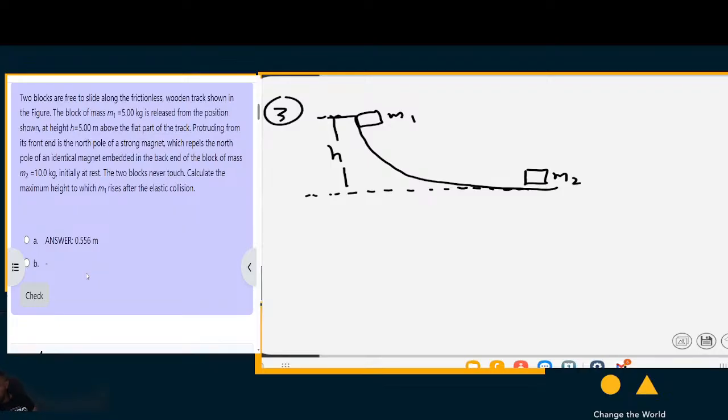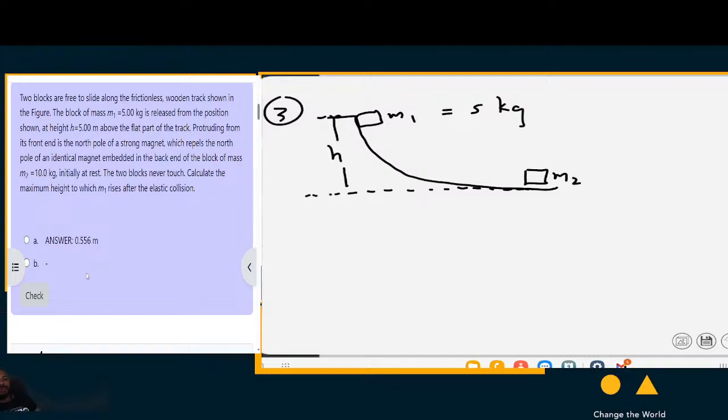So two blocks are free to slide along this frictionless wooden track shown in this figure. Here's the figure, M1, and the block of M1 is equal to 5 kgs. It is released from the position shown at height 5 meters above the flat part of the track.